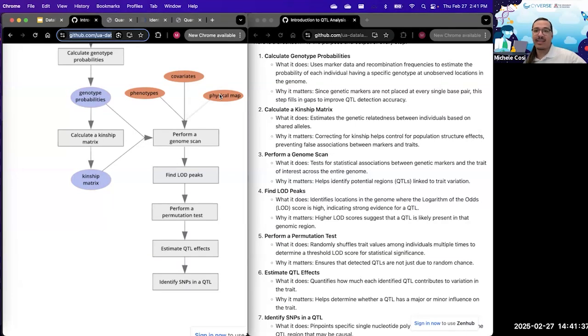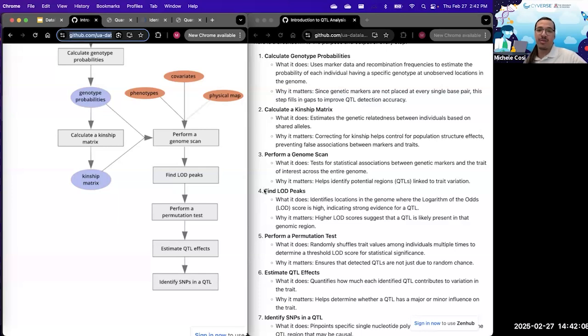What this does is that it tests for statistical associations between genetic markers and the traits of interest across the entire genome. It helps to identify potential regions linked to trait variation. The thing about it is that there can still be a lot of false positives. So there are a couple of things that you still need to do.